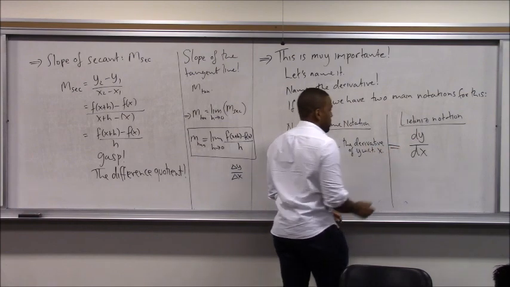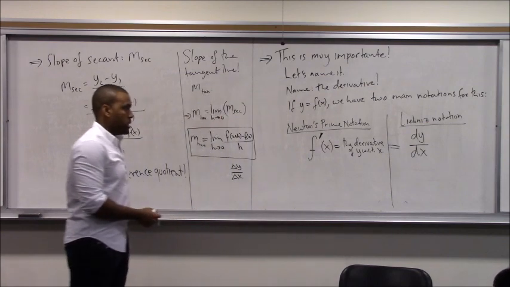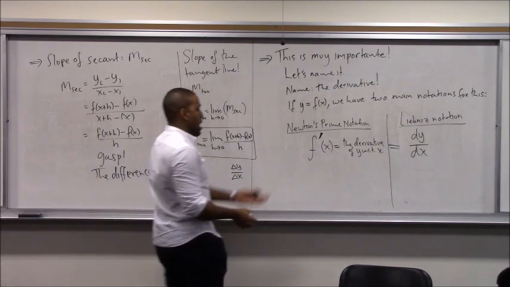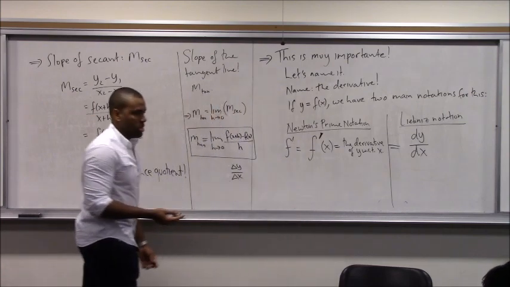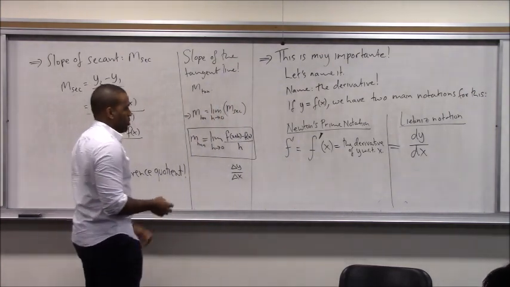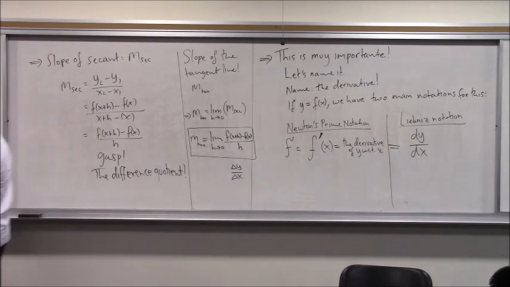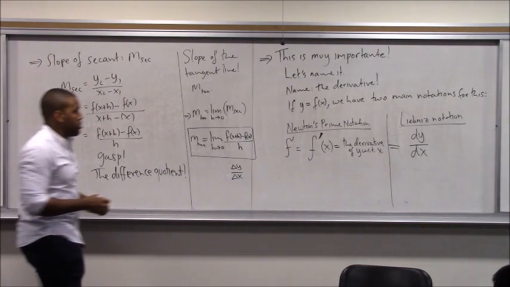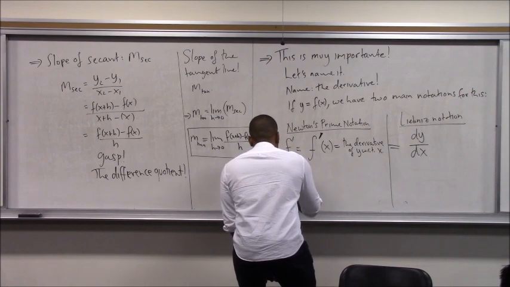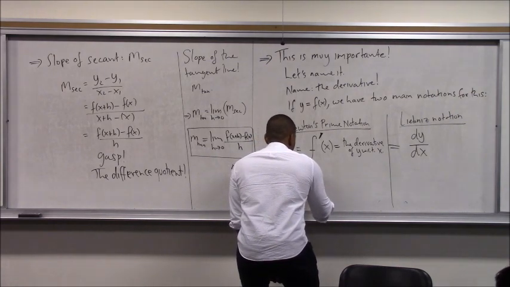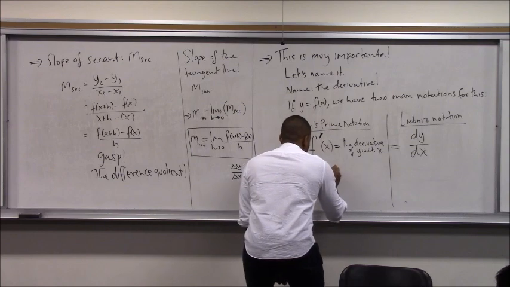They mean the same thing, just different notations of the same thing. A lot of the time I would write this one, or I'll just write something like f prime, because it's easier to write. These are called respectively f prime of x.